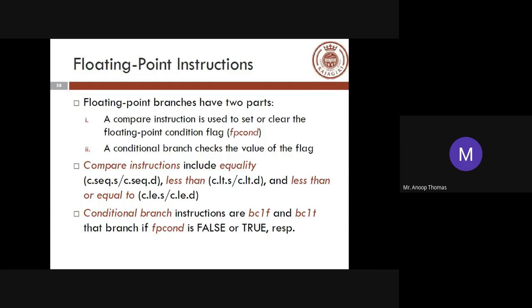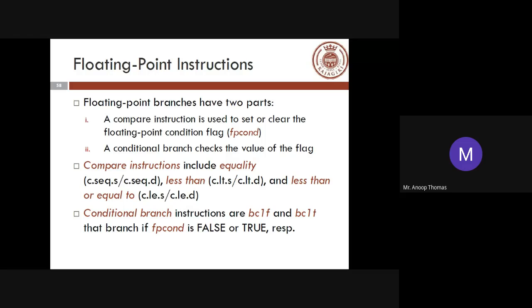After that, you have the conditional branch instructions, BC1F and BC1T. You have a branching statement based on the value of your FPCOND, which is your condition flag. You compare your values using the compare instructions, that is the equality, less than, or less than or equal to instruction.